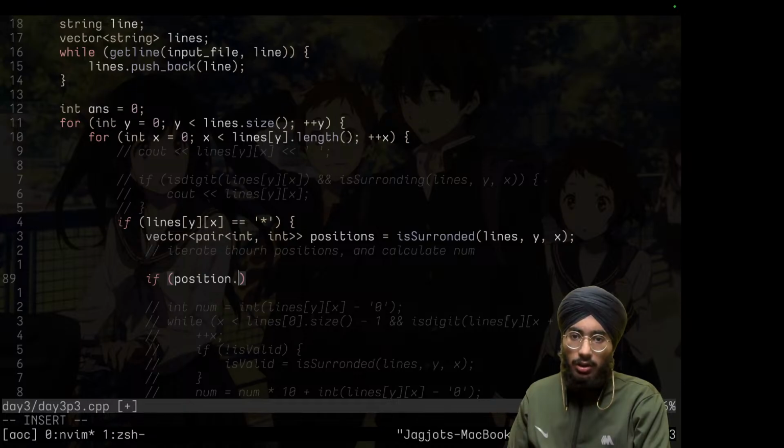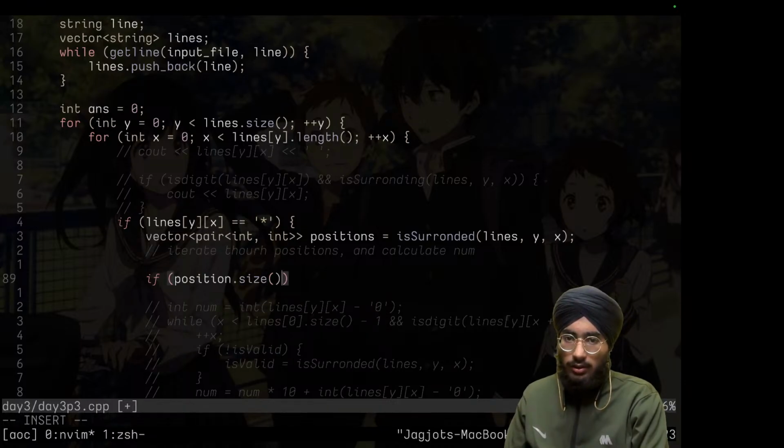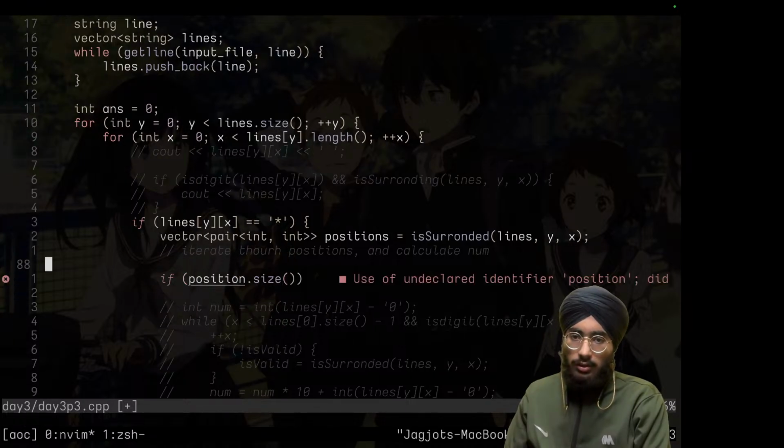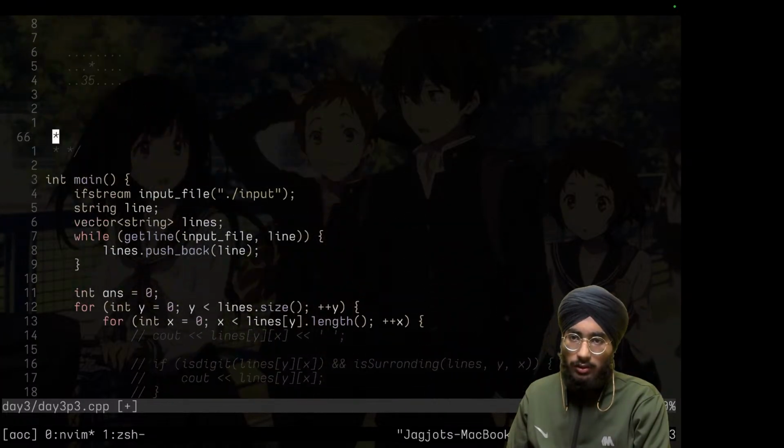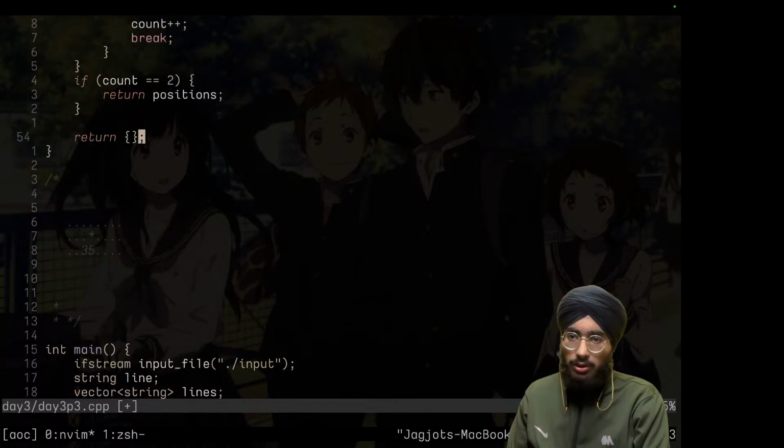If positions dot size, what we can do is just return positions.